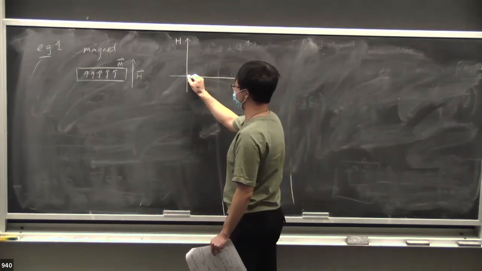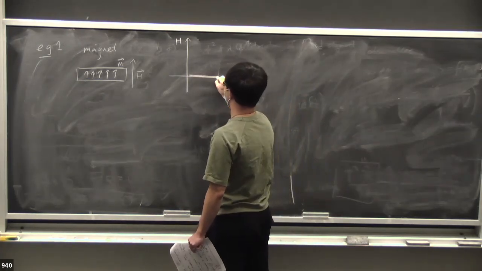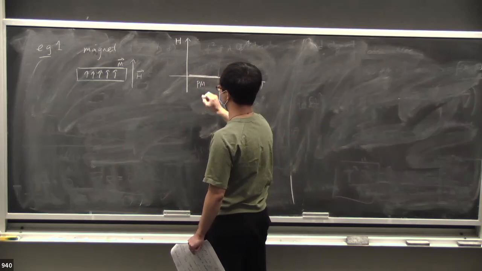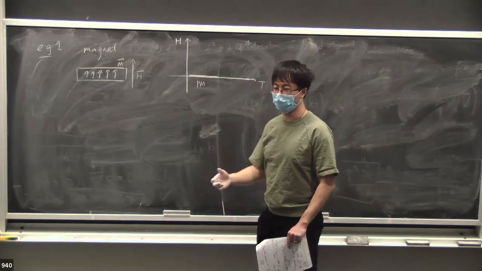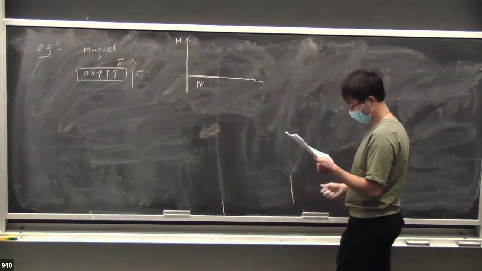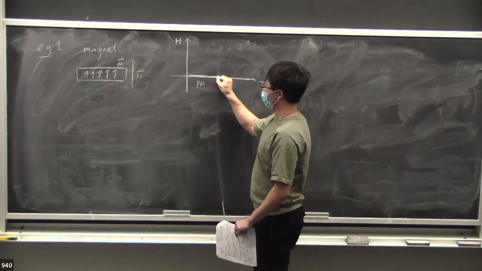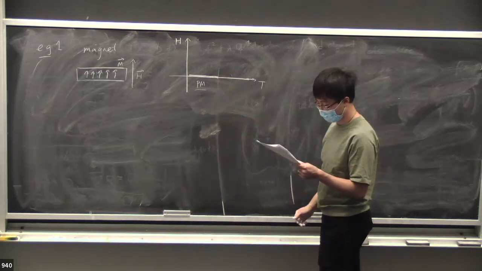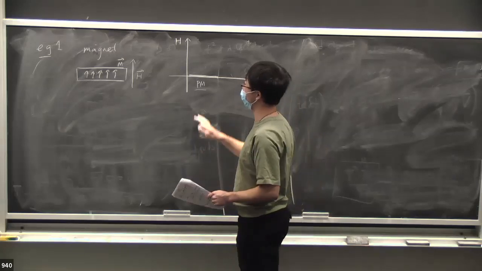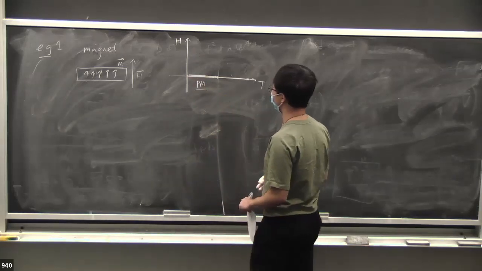There's this famous region called the ferromagnetic phase, which is the reason that we have magnets at room temperature that you can use to put stuff on your fridge. This is the phase where the magnet is still magnetic even though the transverse magnetic field is turned off.